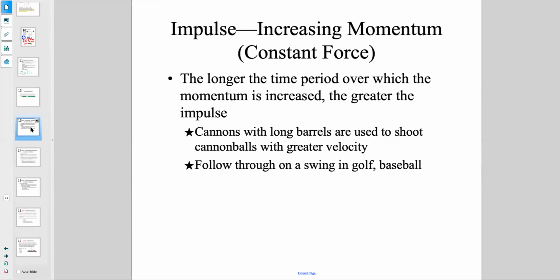So the longer the time period over which the momentum is increased, the greater the impulse, right? For example, cannons with long barrels are used to shoot cannonballs with a greater velocity. So is follow-through on the swing of a golf club or a baseball bat. These are the examples, right?